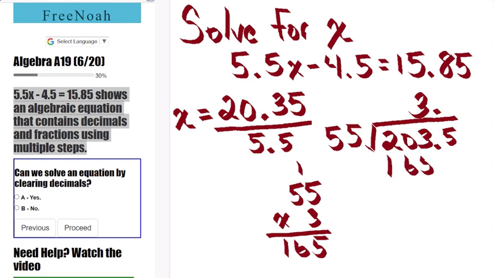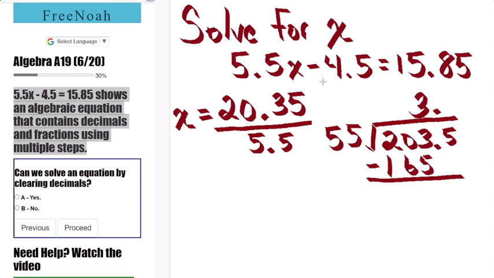203 minus 165. This 3 is going to become a 13. The 0 is going to become a 9. And we're going to borrow from the 2, and that's going to convert into a 1 here.